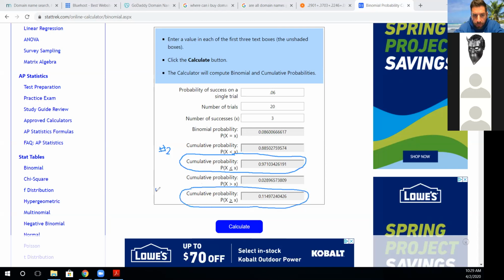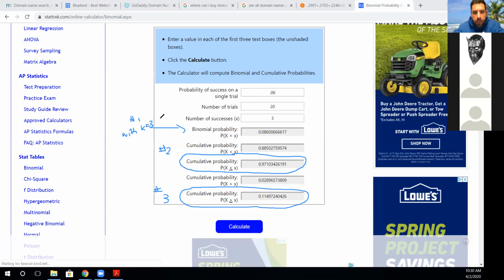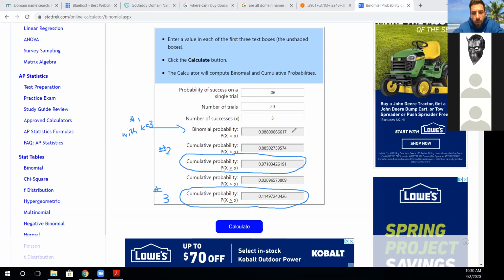We'll verify that ourselves in a second. With k equals 3, you could have answered this question right away just by plugging in the numbers and reading off these lines.